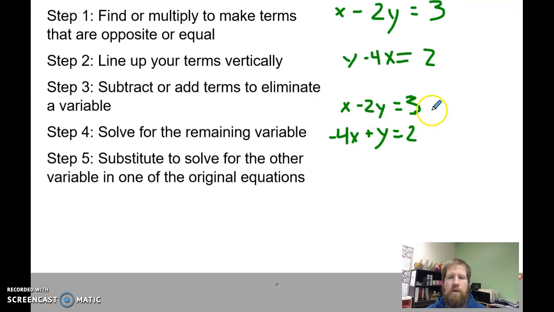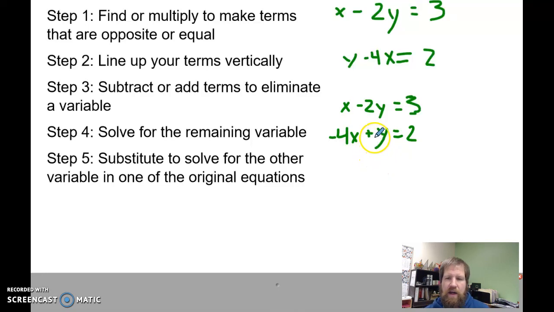Now that they're lined up, it's a little easier for me to make my decision on which one I want to change. In this one, I've actually got a coefficient of 1 for both my x and my y in one of the equations, so I can choose. It doesn't really matter, you'll end up with the same answer anyway. But generally, if I am choosing, I am going to use the least amount of steps that I have to.